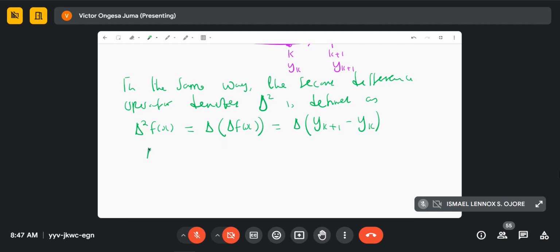So I correct this as forward difference of yk plus 1, then minus forward difference of yk. So can somebody tell me what's the forward difference of yk plus 1? Using the same definition we recalled about the forward difference.